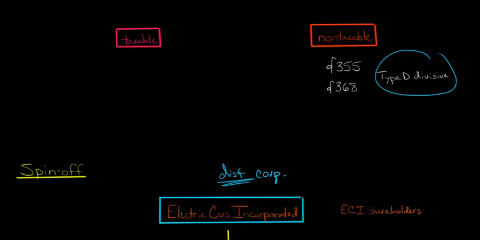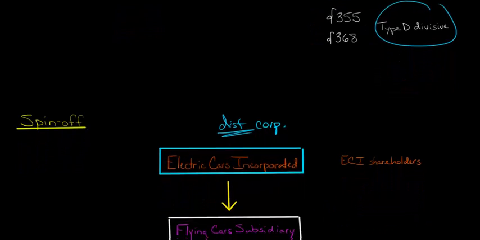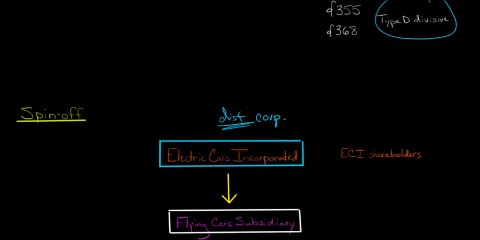We call them distributing because they're going to distribute some assets to a subsidiary, a controlled corporation. So they control this subsidiary. Now, it could be that the subsidiary already existed, or it could be that they just created it. It doesn't matter. But the distributing corporation is going to distribute some of its assets to this subsidiary.